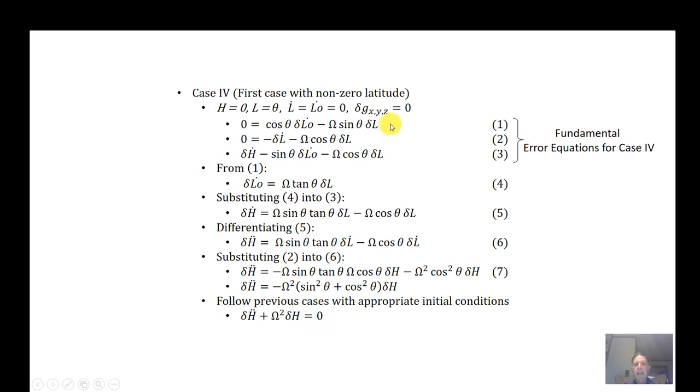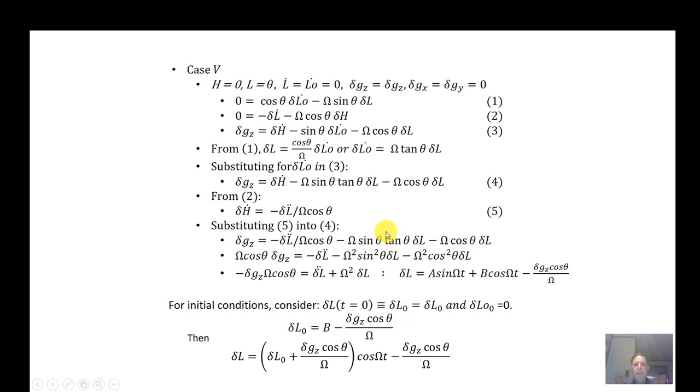Now, one can put in initial condition errors or put in gyroscope errors and solve specifically for the particular solution that may come out and solve for the particular case that you're examining. We'll do a case 5, and in this case 5 we'll also have a non-zero latitude, and we'll also have a Z gyro bias.